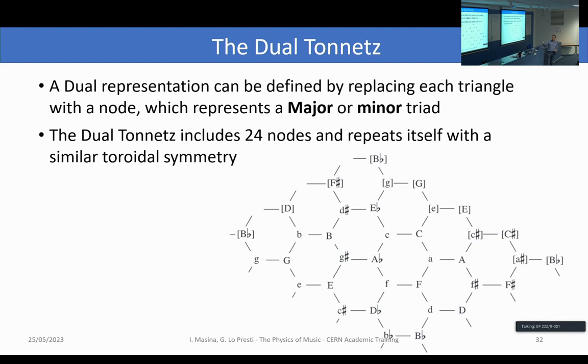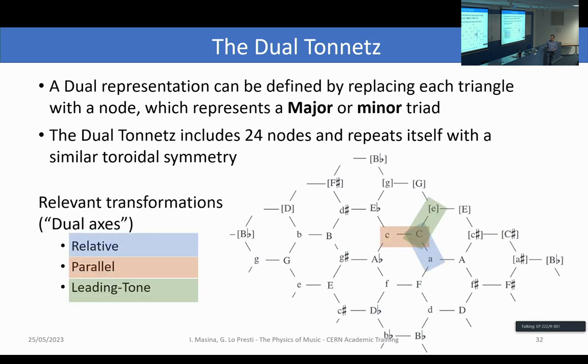Then you can also do other things, like a dual representation. You take every triangle of that and replace it with a single node on a new diagram, which now has 24 nodes. Each of them represents a chord. And again, this is periodic in the same way.